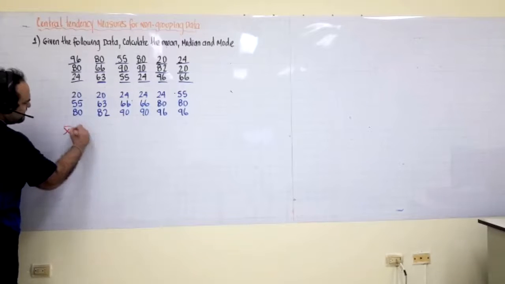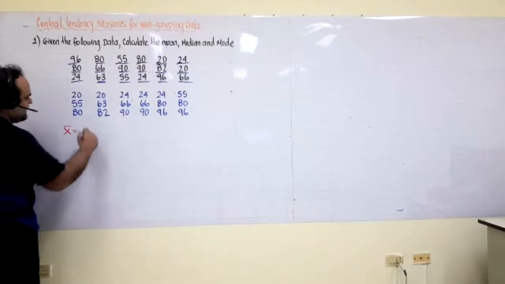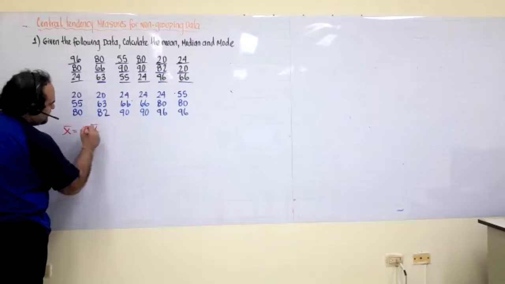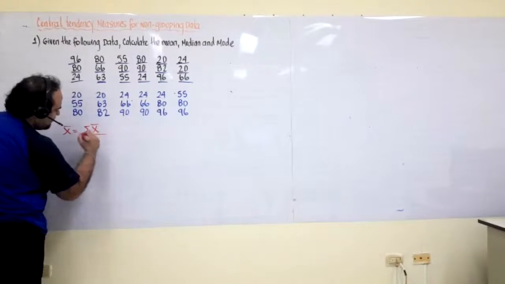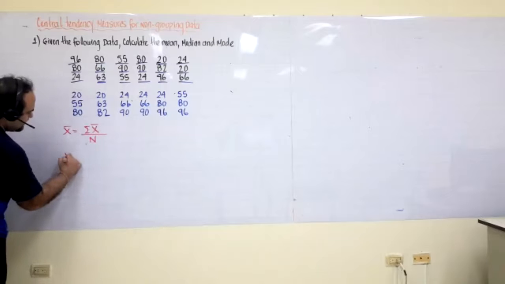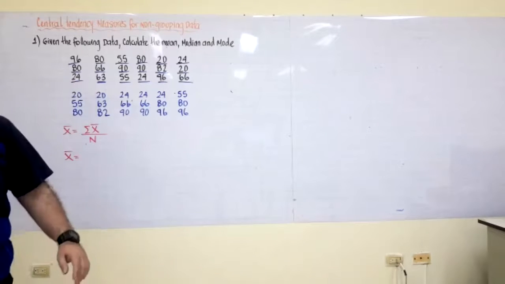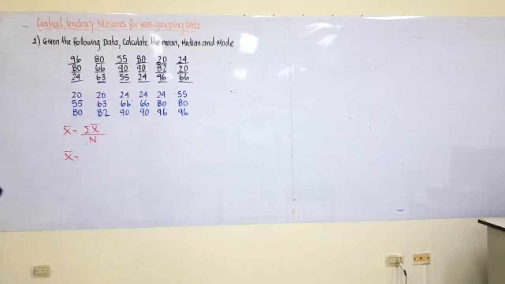Remember, the arithmetic mean for non-grouped data is the addition of this data divided by the number of data. So what will be the addition of these numbers? ¿Cuánto nos da la suma de todos esos?